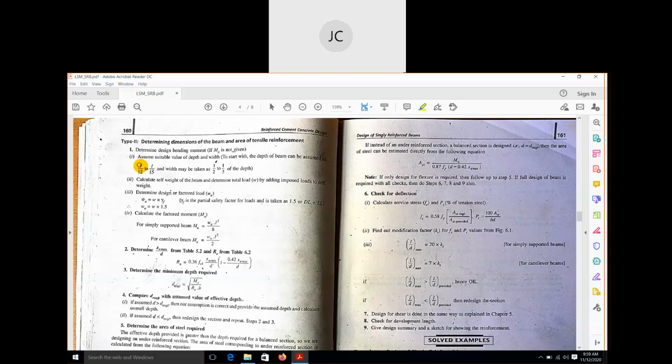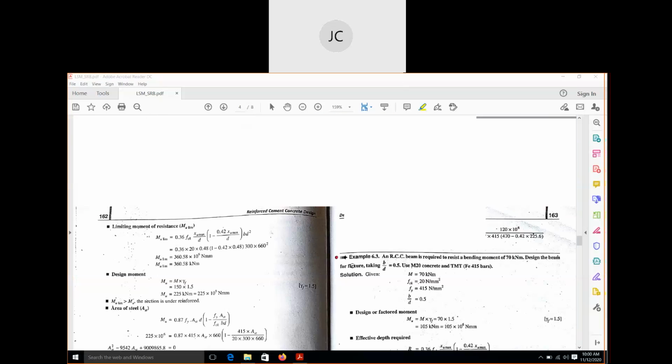The width may be assumed as 1 by 2 to 1 by 3 of the depth. In this question, we have assumed the depth equal to L by 12, and then we will proceed to the next part. Let's go to the problem again.